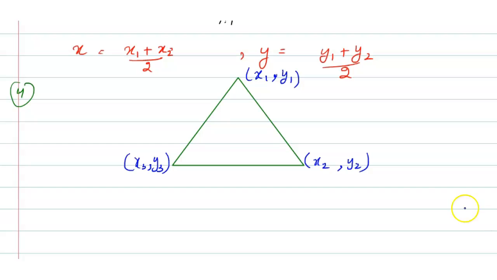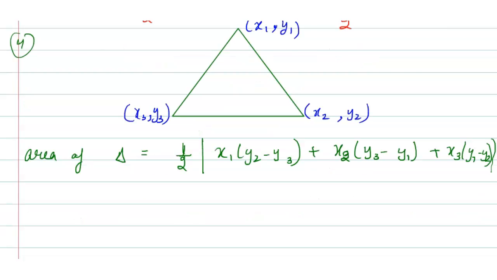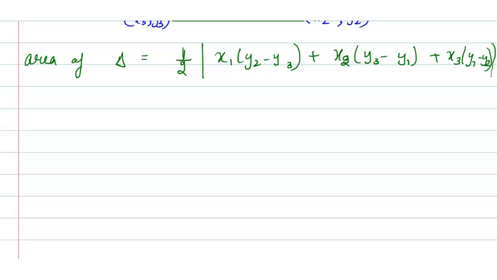Now if we are given the vertices of the triangle, the area of the triangle is equal to half of mod of x1 (y2 minus y3) plus x2 (y3 minus y1) plus x3 (y1 minus y2), and mod close. So this is the formula for finding the area of a triangle.